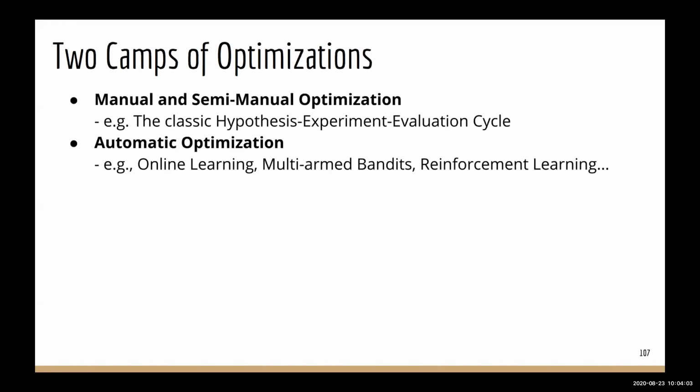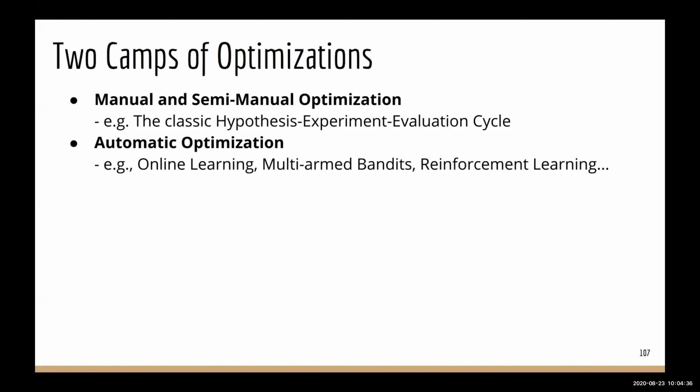The second camp is to approach the problem from a very different angle. So rather than doing experiments per se, the second camp is really focusing on whether we can get a better result through optimization. There, the notion of experiment is much less. It's more about continuing to improve and getting better results via various optimization techniques.